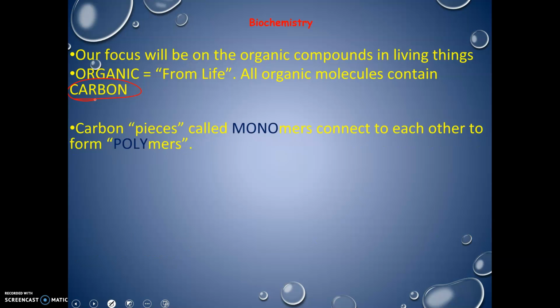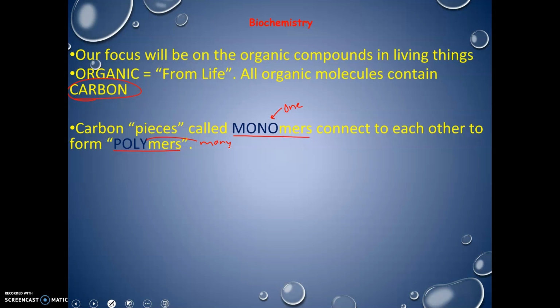So what we're going to see are these single pieces, and they're not just carbon, they're carbon and some other things. And they're going to be called monomers. They're going to be our building blocks. And they're going to form these larger molecules called polymers. So mono means one. Poly means many.